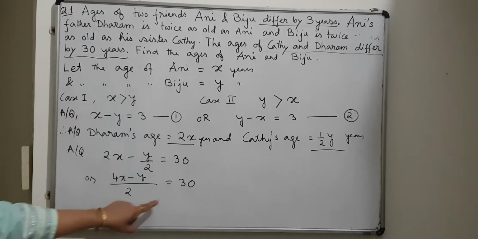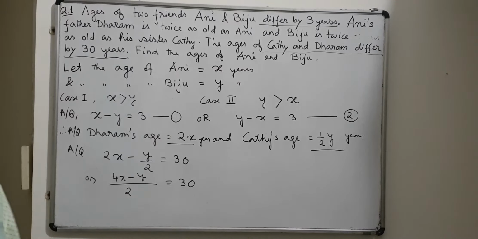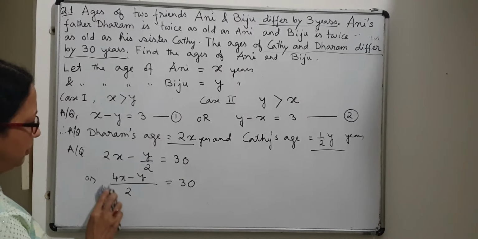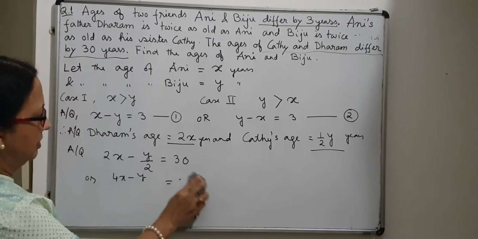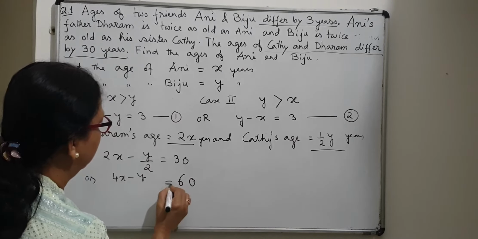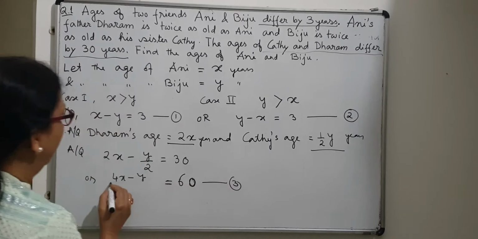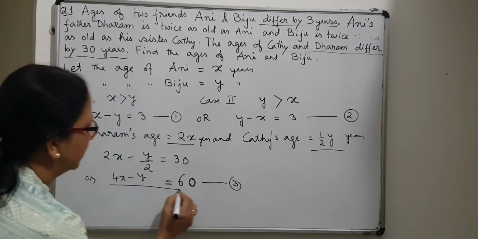Then we will do the cross multiplication. 2 will go to the other side to make 60. So this is the third equation: 4x minus y is 60.